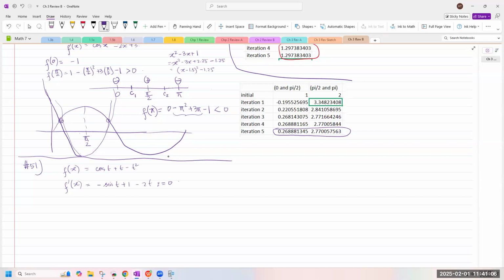Let's do estimation then. f prime of 0 equals 1 and f prime of pi over 2 equals negative pi, right? So f prime(c) equals 0 for a number c in the interval from 0 to pi over 2.